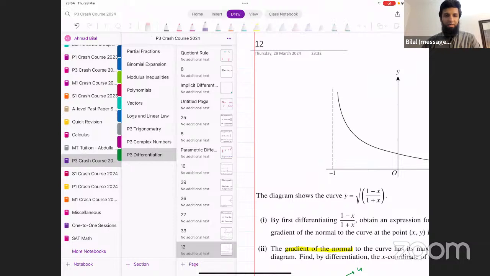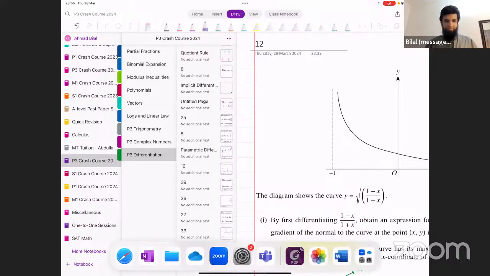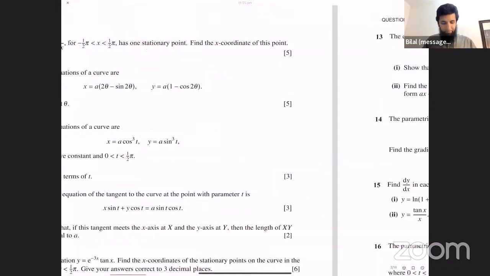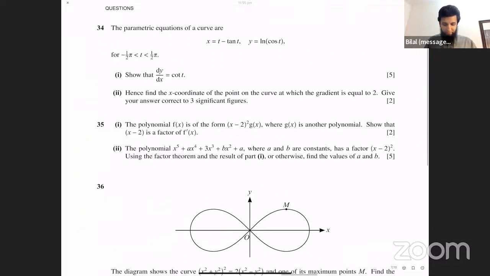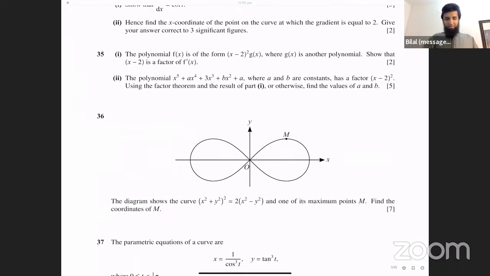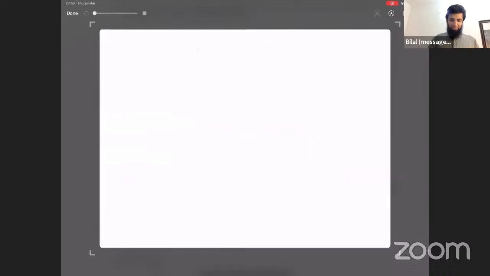So the next one that you're asking about is, okay, question number 35. Okay, let's try this now. Question number 35 from the worksheet.